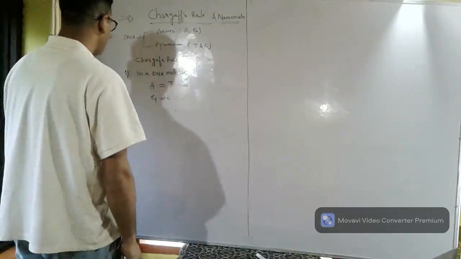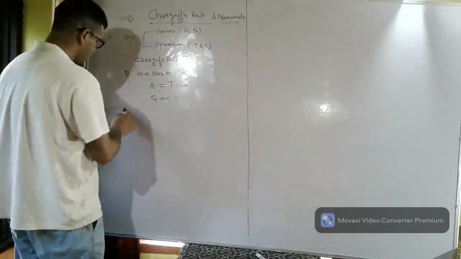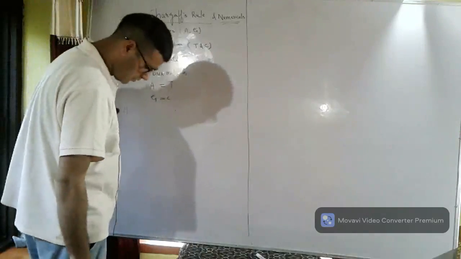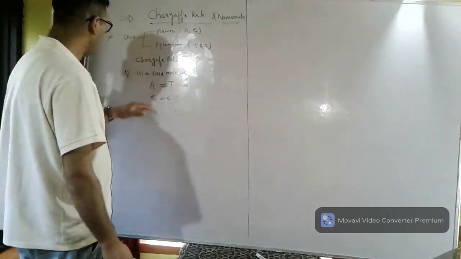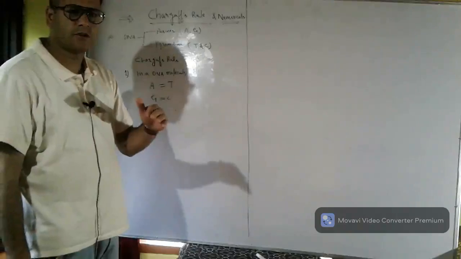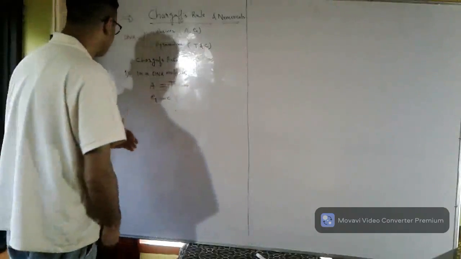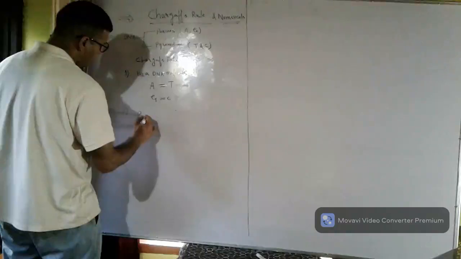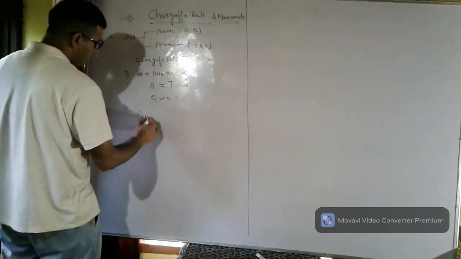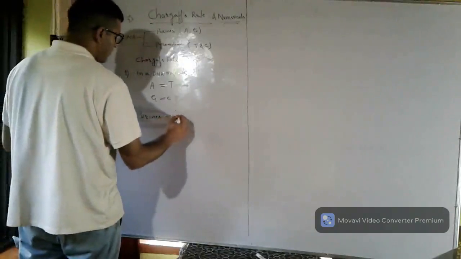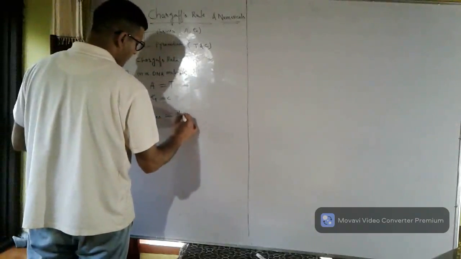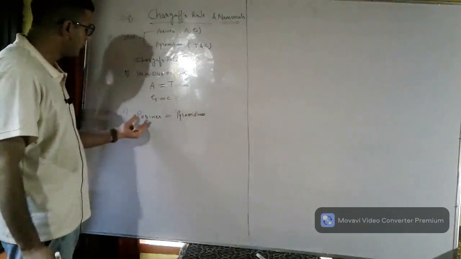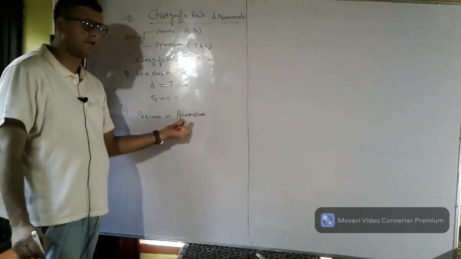This was the first rule. Second, the amount of purines is equal to the amount of pyrimidines in a DNA molecule.